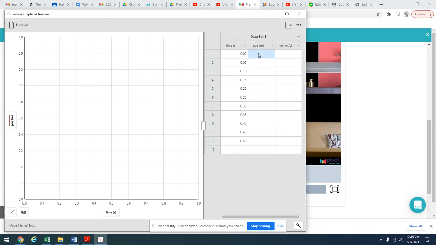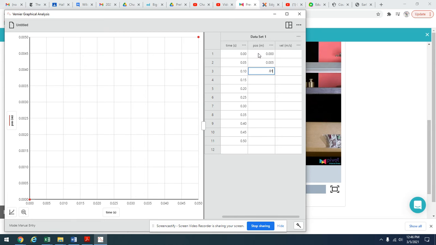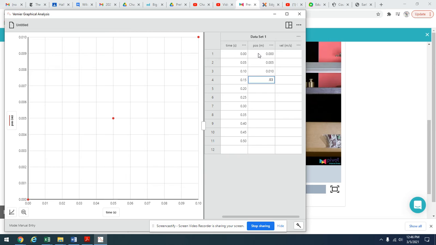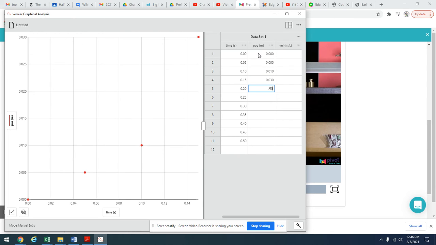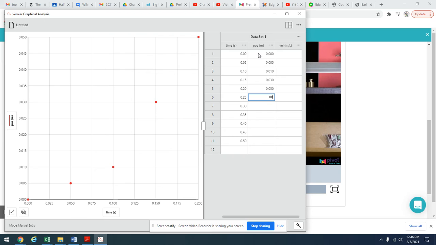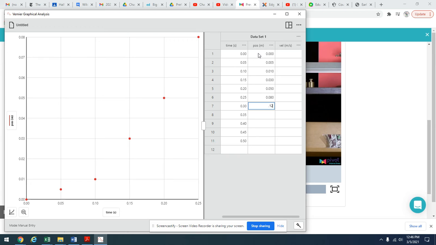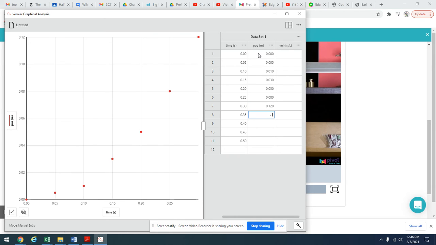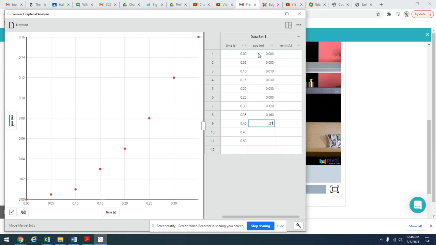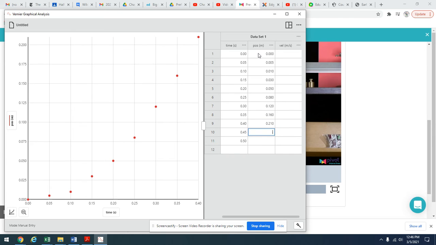And then my positions, which I just collected, are 0, 0.005, 0.01, 0.03, 0.05, 0.08, 0.12, 0.16, 0.21, 0.265, and 0.33.